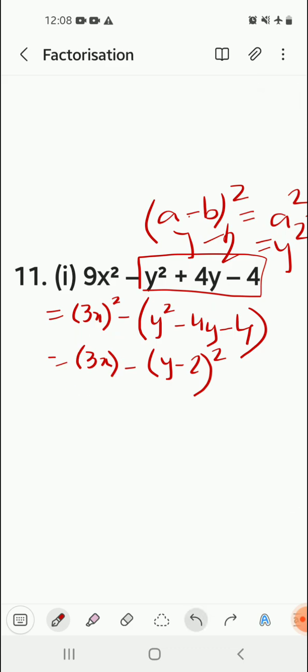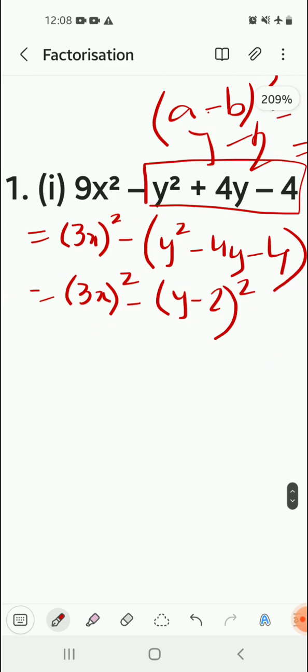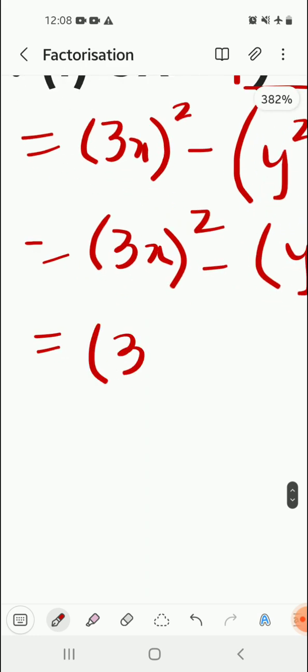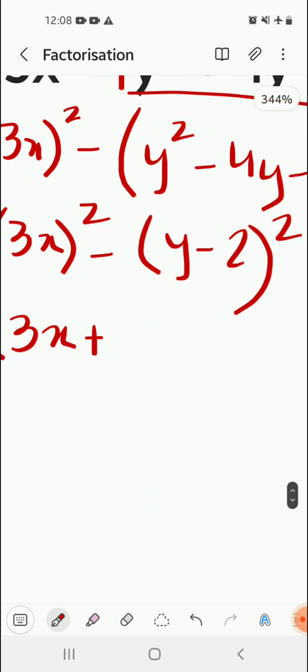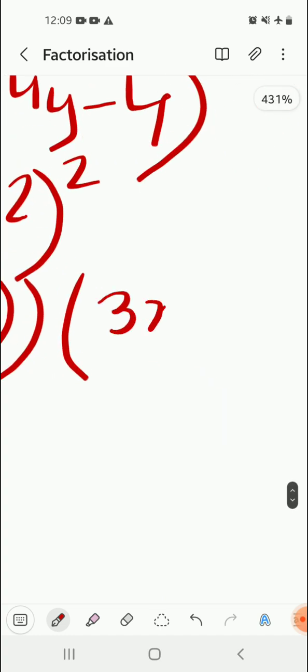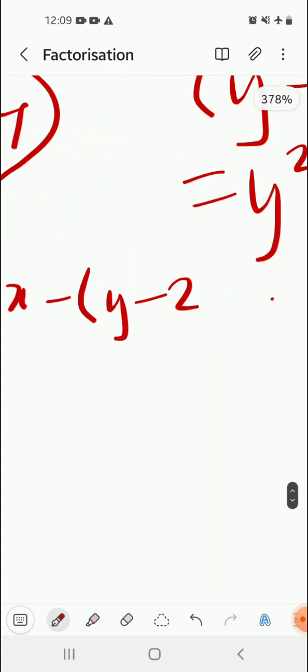We have got an a square minus b square formula, so it is a plus b into a minus b. So here a is 3x and b over here is y minus 2, where it is 3x plus y minus 2 and 3x minus y minus 2.